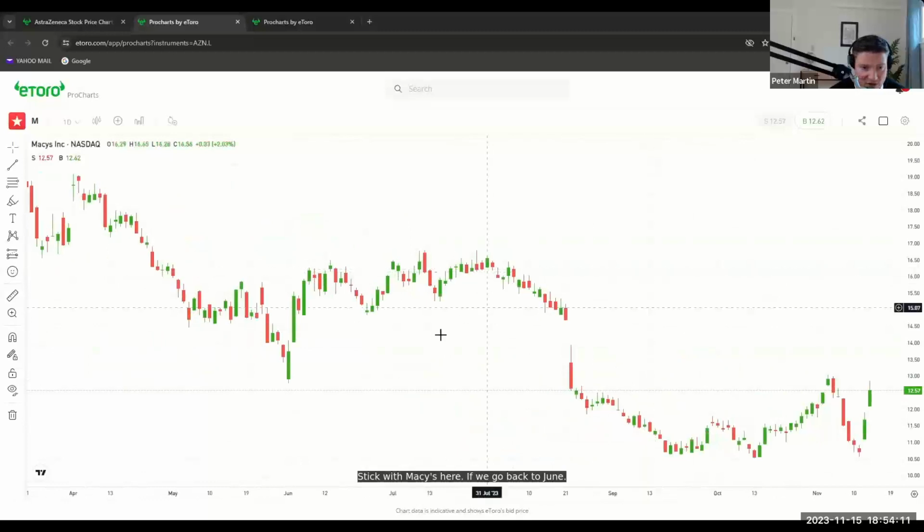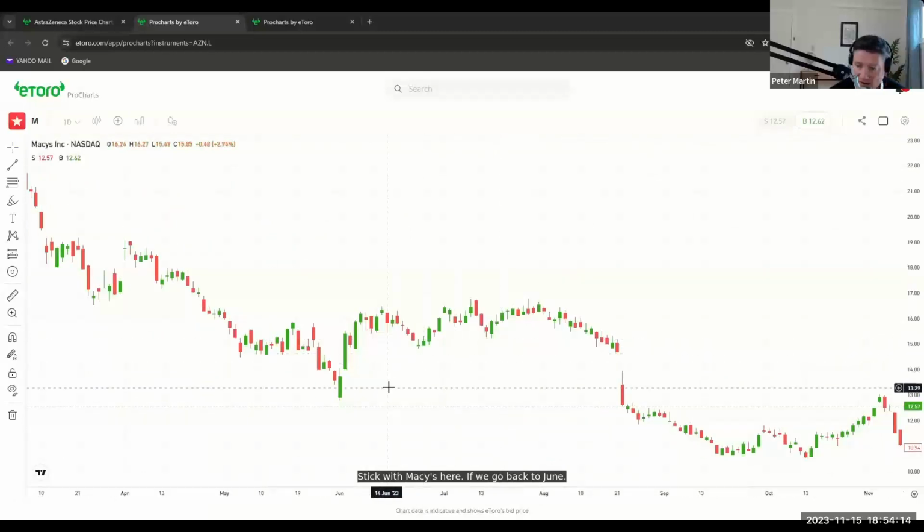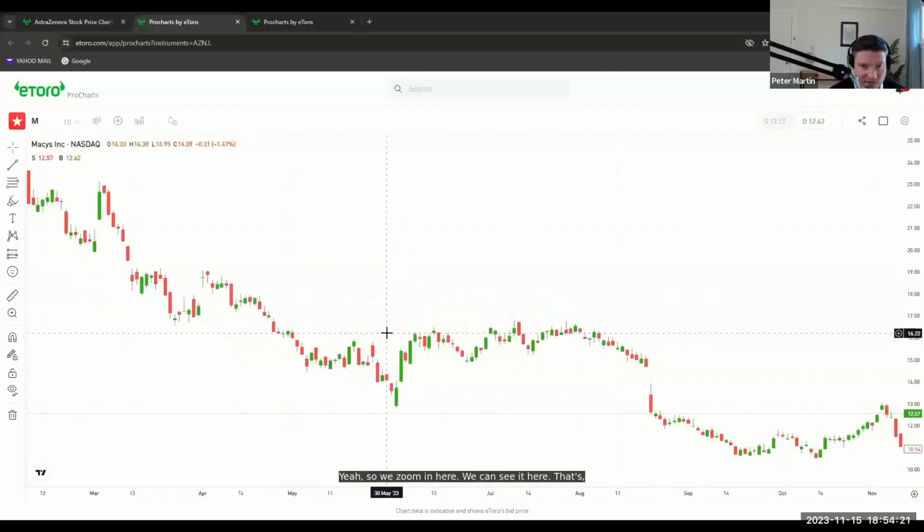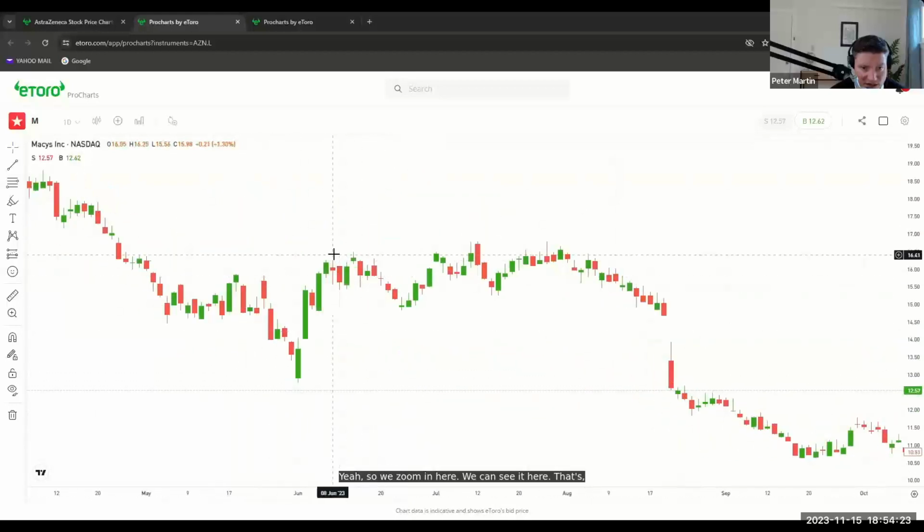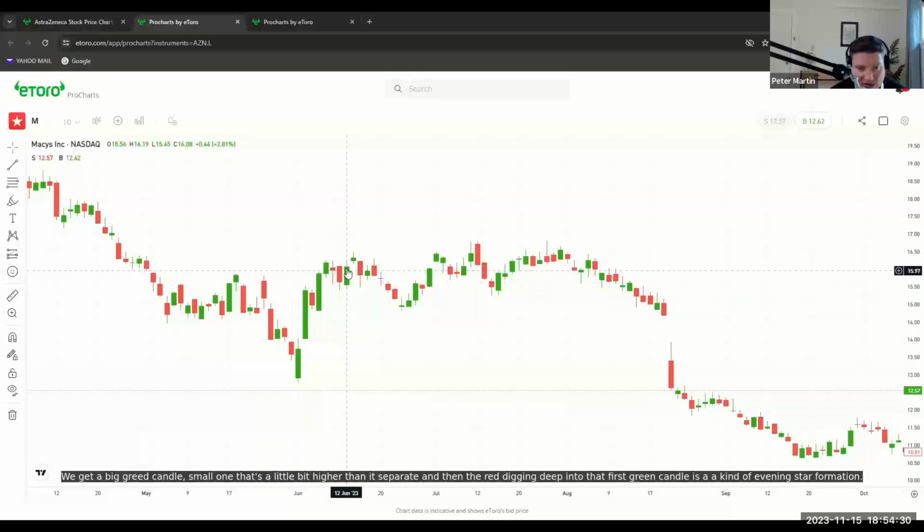If we go back to June, and zoom in here, we can see that we get a big green candle, a small one that's a little bit higher than it, separate, and then the red one digging deep into that first green candle is a kind of evening star formation.